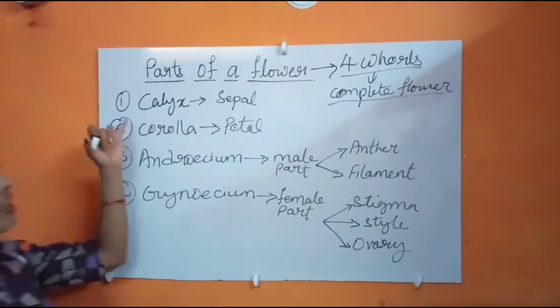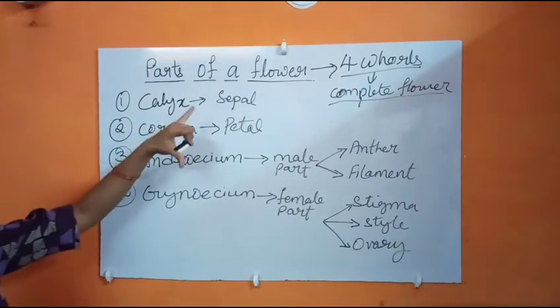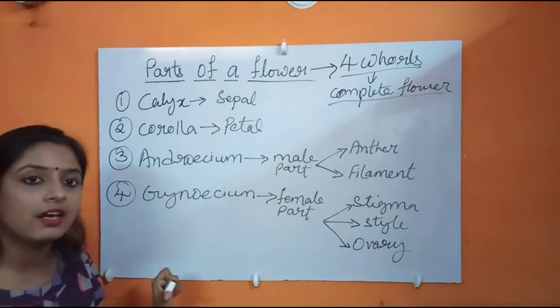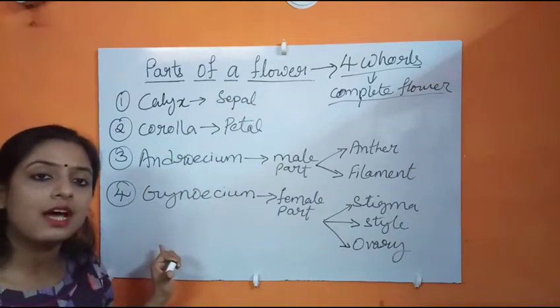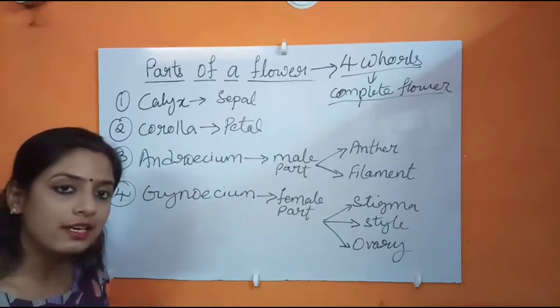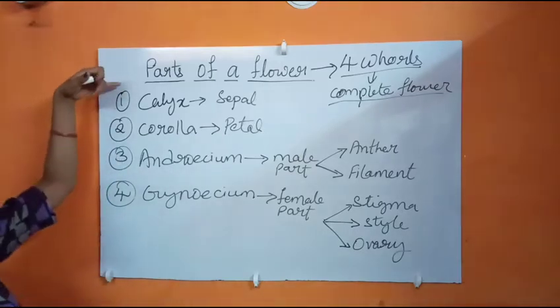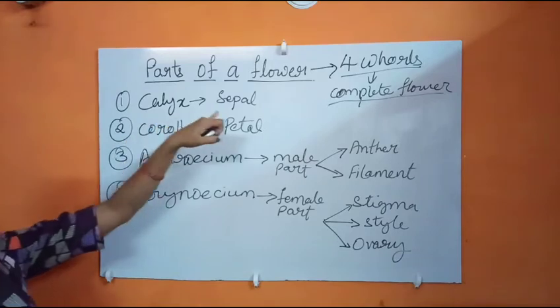If a flower has all these 4 whorls, then it will be called a complete flower. If any of these 4 whorls are missing, then it will be called an incomplete flower.